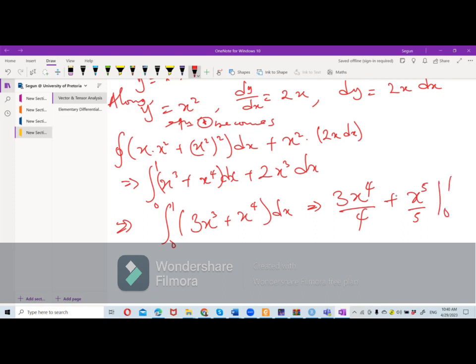Upper limit minus lower limit. Our upper limit in this case is 1. So it's going to be 3 into 1 raised to power 4 over 4 plus 1 raised to power 5 over 5. When you substitute 0, everything will be 0, so you don't need it. So we only have 3 over 4 plus 1 over 5, which is 19/20.